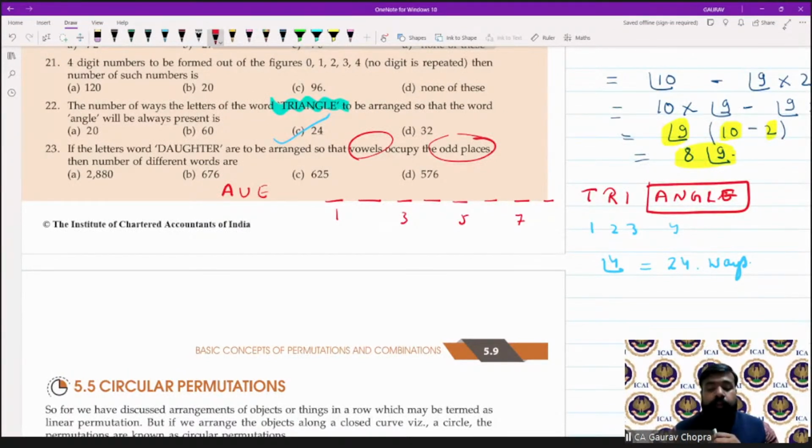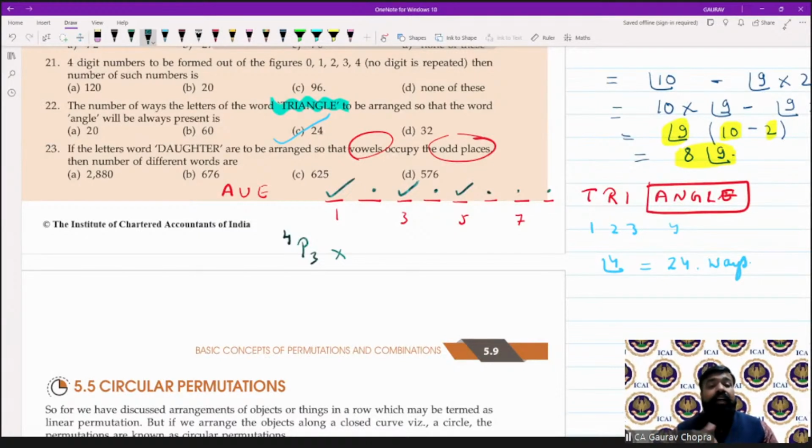4 odd places are available and 3 vowels are available. So we have to arrange vowels at odd places only. Out of 4 odd places, we have to place 3 vowels, so this becomes 4P3. Now, let's say these 3 places are filled. How many places are vacant? 1, 2, 3, 4, 5. 5 places are vacant now, and 5 alphabets are there.